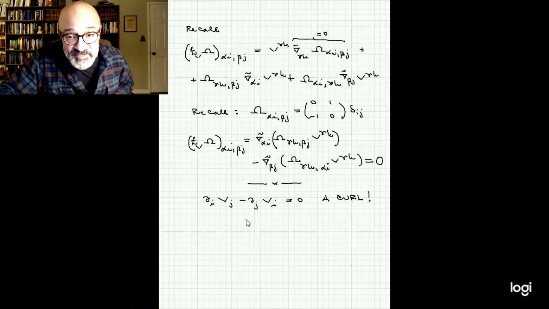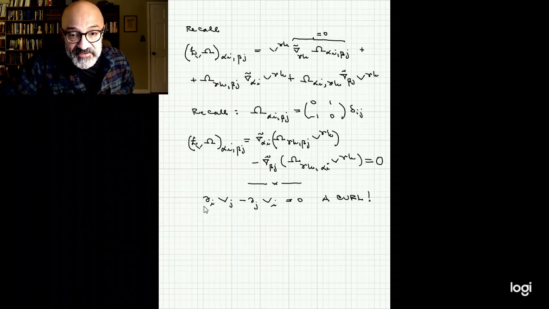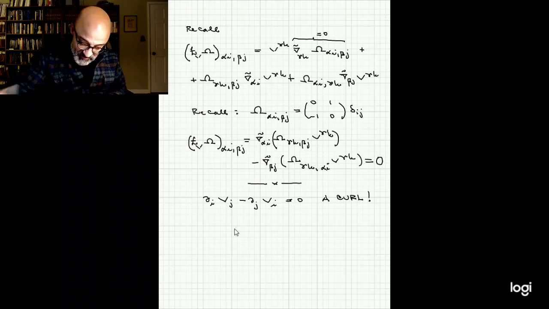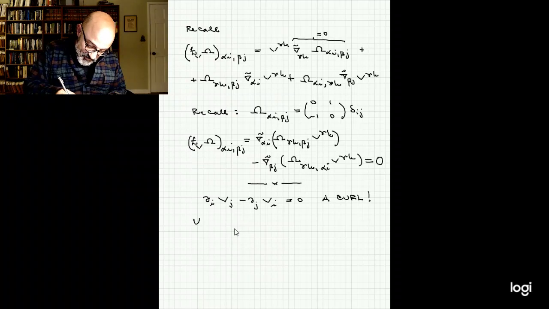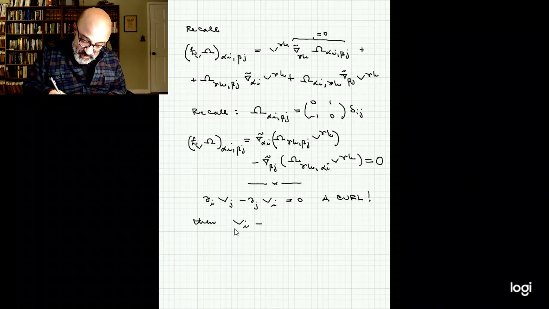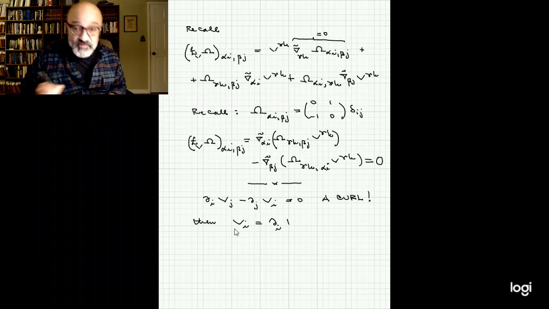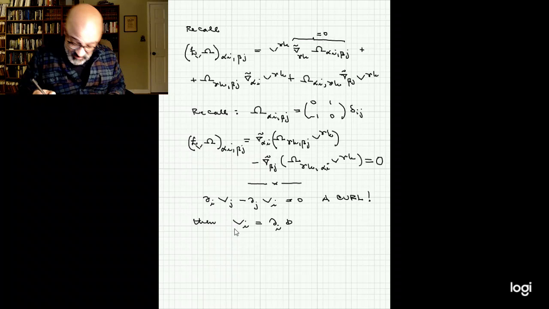And everybody knows what the solutions to equations like this look like. If the curl of a vector vanishes, then the vector itself must be the gradient of a scalar, of a potential.